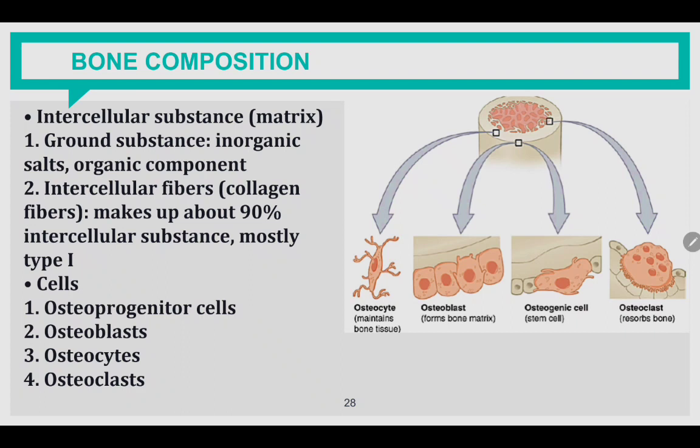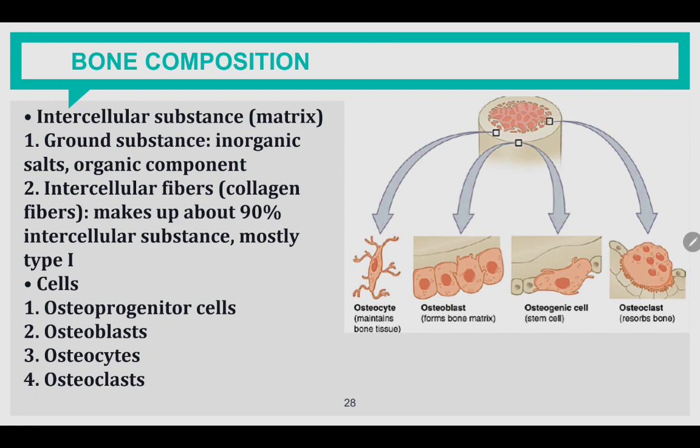Once again, your compact bone comprises almost 70%, more than your cancellous bone, tama? Here sa bone composition natin, guys, remember that the collagen fibers make up about 90% of the intercellular substances, which are mostly collagen type 1 because the bone needs to be strong. The ground substance may be inorganic salts or an organic component.